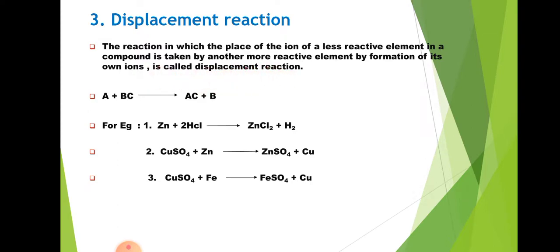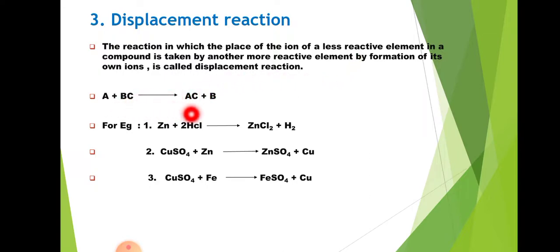As the name suggests, displacement means exchange. Atoms exchange with each other. So how do they exchange? Where there is a less reactive element, who will take its place? Another more reactive element. Okay, I hope you all are understanding.